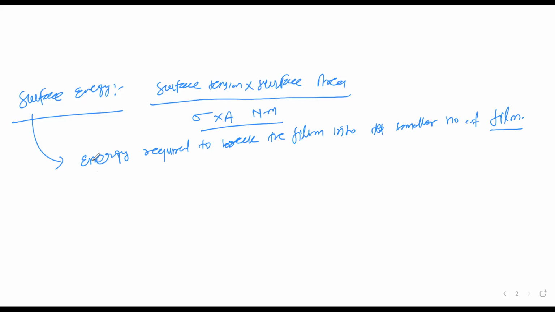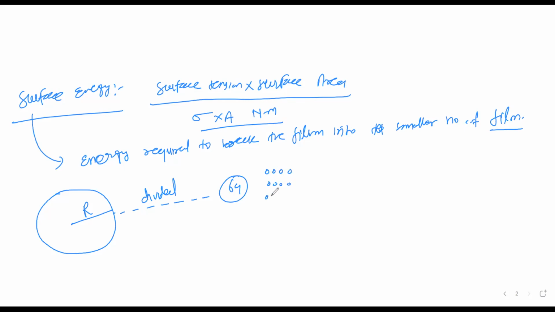Like, if you assume that this is a big film, and this film radius is R, and this film is divided into 64 smaller particles or films. Then how much surface energy is required to break the big film into 64 smaller films?